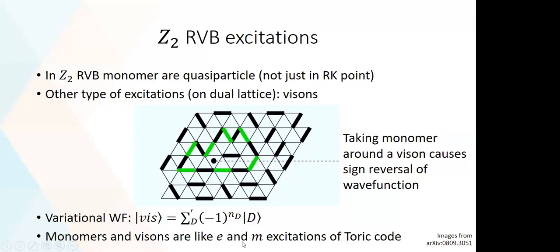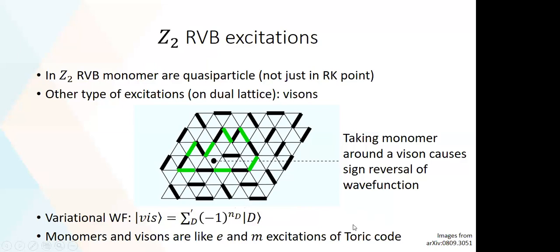And the visons are similar to the M excitations, in that they live on the plaquettes, and you get a minus sign when you go around them. So the Z2 RVB phase can actually be viewed in some sense as the toric code ground state.